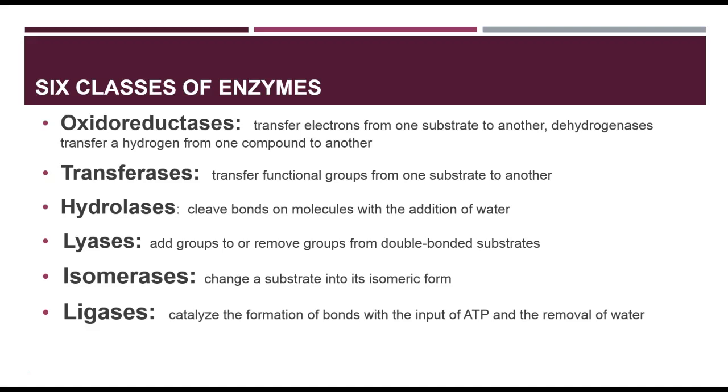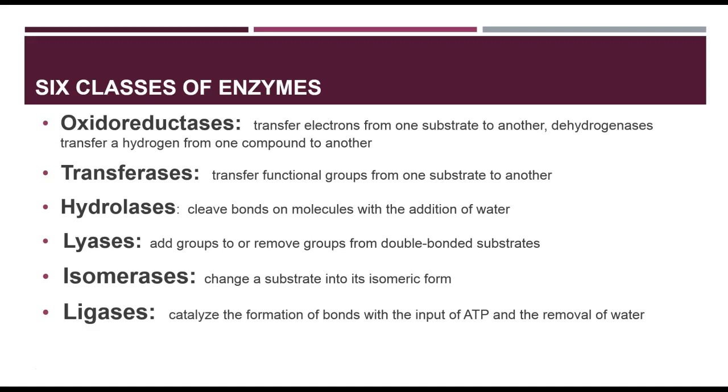So you can have enzymes that possess one or both of these compounds. There are 6 general classes of enzymes, and each of these enzymes performs a specific function, and it's sometimes stated as part of the name of the enzyme. So we have oxidoreductases, and these are enzymes that transfer electrons from one substrate to another.